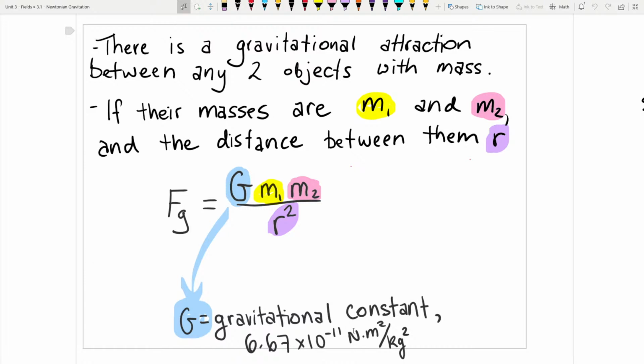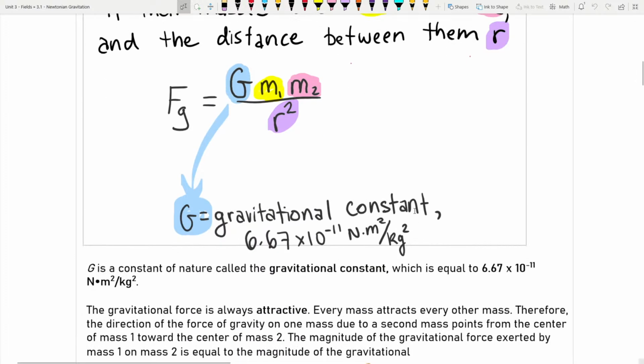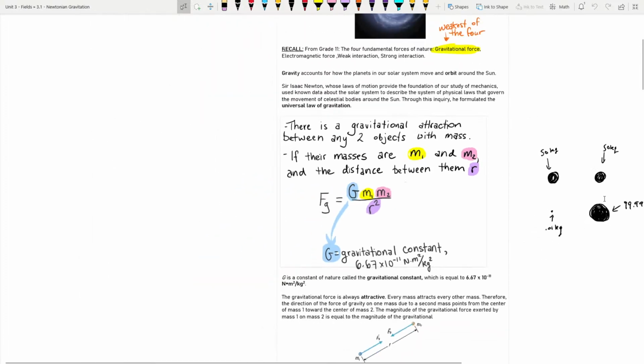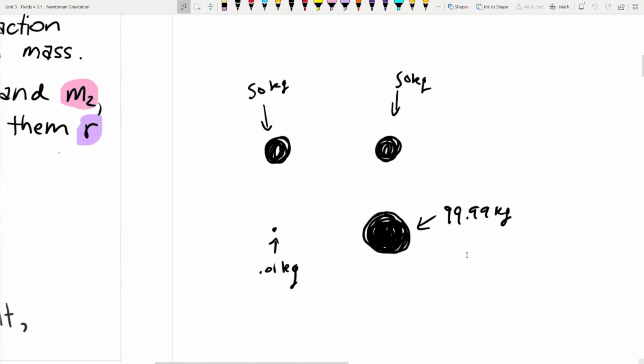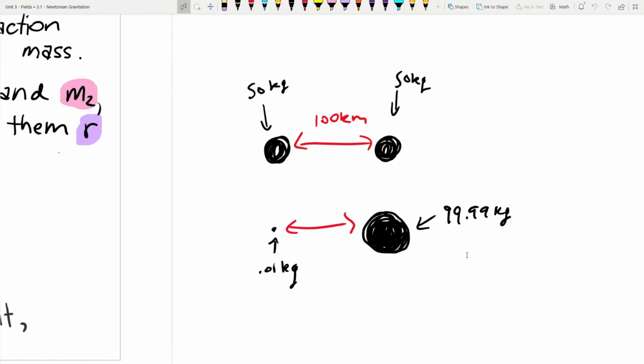The force of gravity between these objects, sorry, I should have scrolled over. If you look at these systems, the force of gravity between them is the same. Gravity depends on the total mass in the system, not any one individual mass. As long as we were to say the distance between them is the same, if that was 100 kilometers, and that was also 100 kilometers.